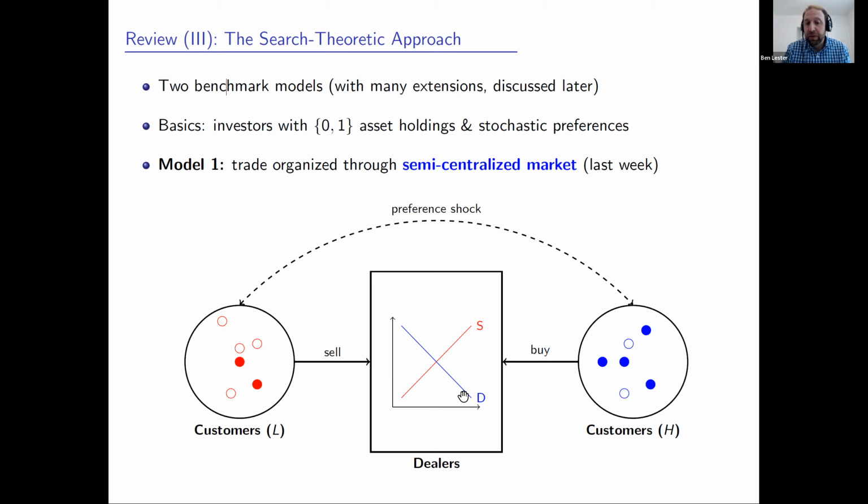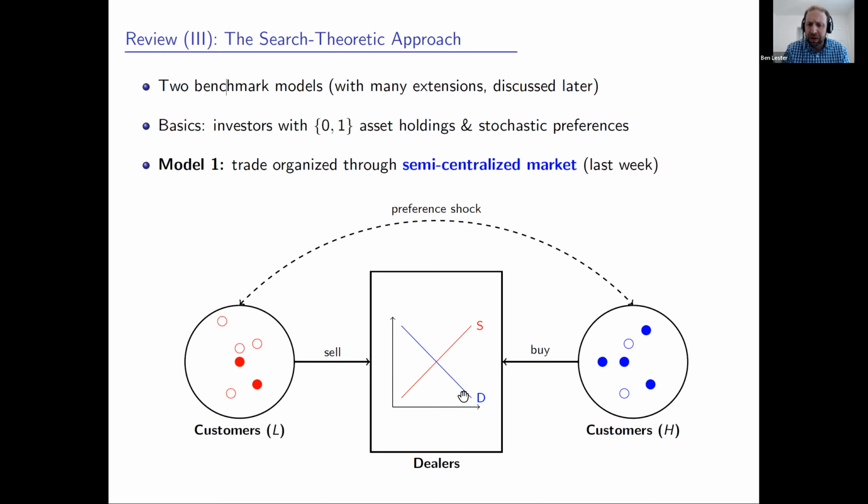And so this semi-centralized market is a beautiful model, understanding how two frictions, basically search, the fact that customers only periodically meet with dealers, and bargaining, the fact that the dealers are able to expropriate some of those rents, create bid-ask spreads. Bid-ask spreads have been a reality for a long time. There are various theories of where bid-ask spreads come from.